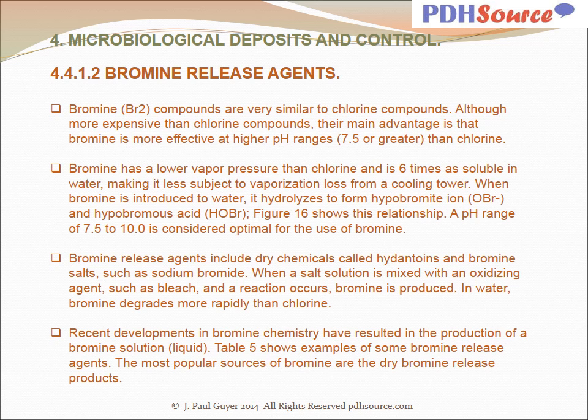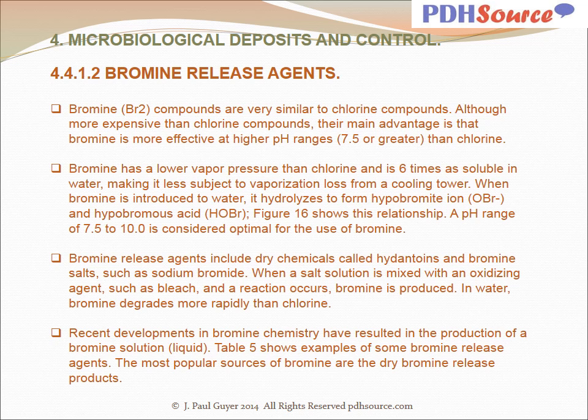When a salt solution is mixed with an oxidizing agent such as bleach and a reaction occurs, bromine is produced. In water, bromine degrades more rapidly than chlorine. Recent developments in bromine chemistry have resulted in the production of a bromine solution. Table 5 shows examples of some bromine release agents.